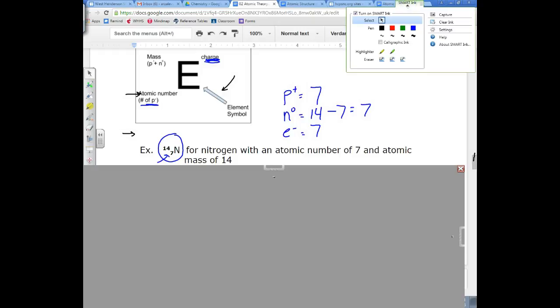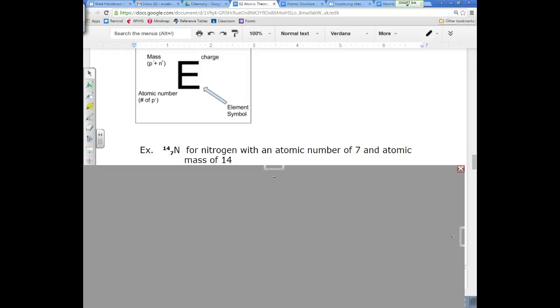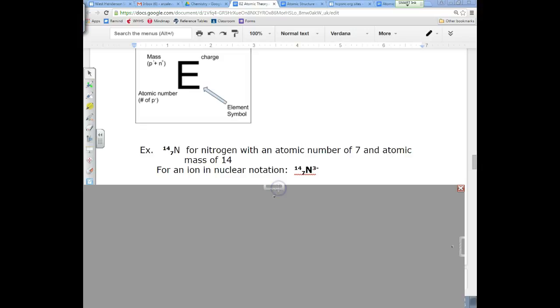Okay. Now, if it were an ion, it would look something like this. In this one, again, our number of protons is located at the bottom, and that's 7. To find our neutrons, all you have to do is subtract these two numbers from each other. So, my neutrons is 14 minus 7, which would be 7 neutrons.